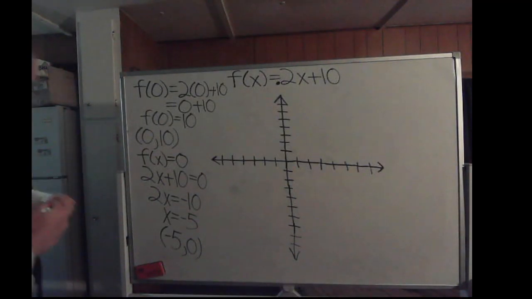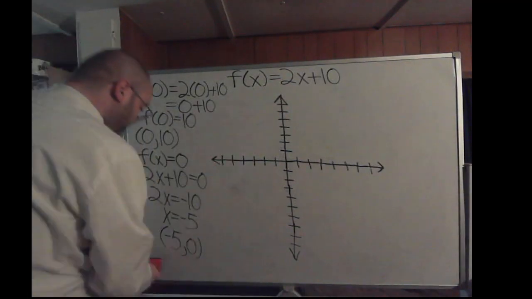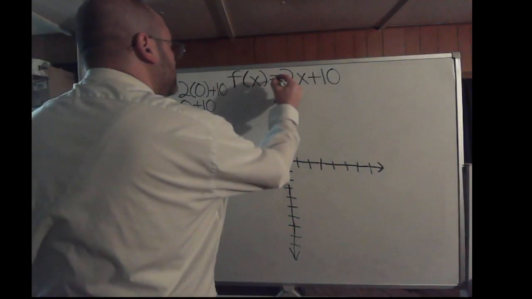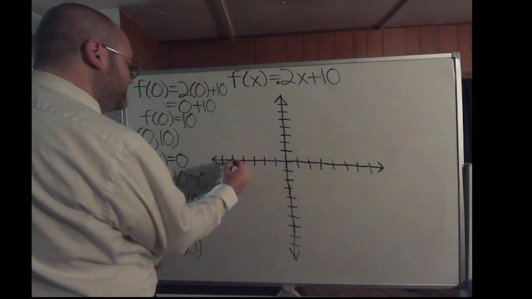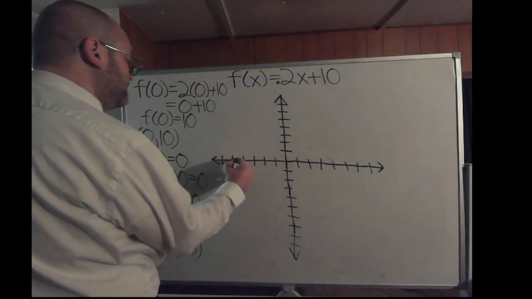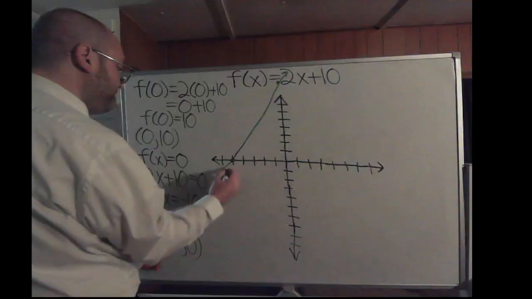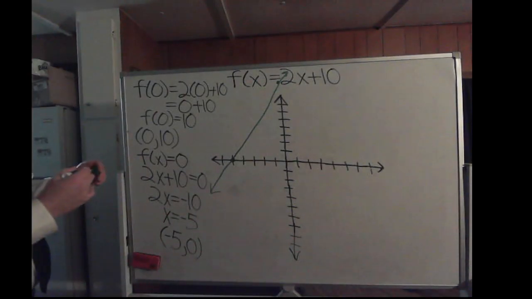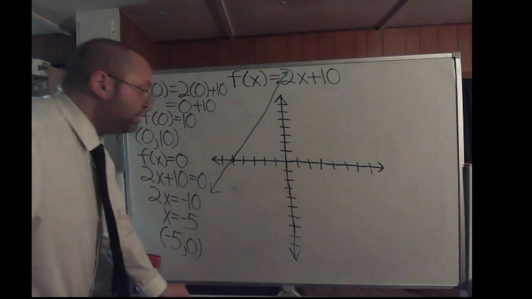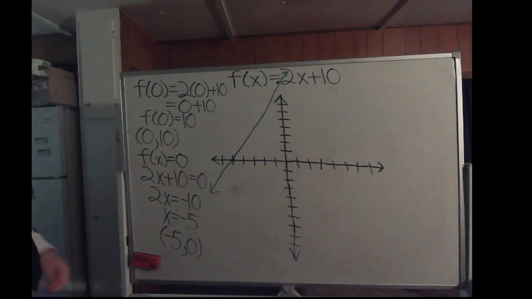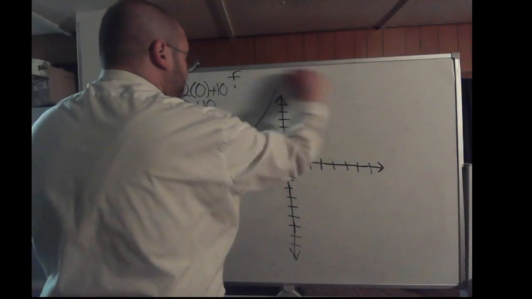So actually, let's put that in green here, since that's a point. Here's negative 5, 0. Now you're just going to draw a line and connect them. And that is the graph of f of x equals 2x plus 10. All the way out here. So, again, finding your x and y intercepts, not so bad.